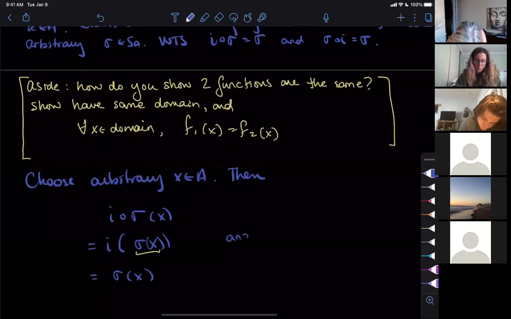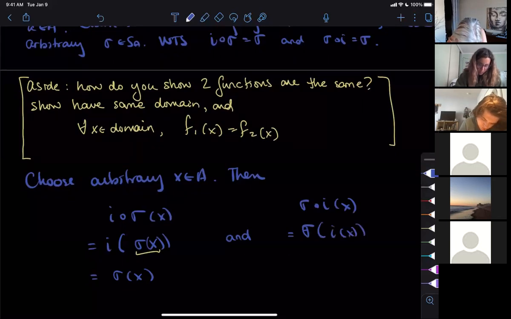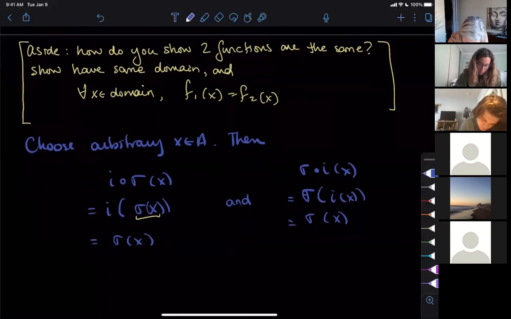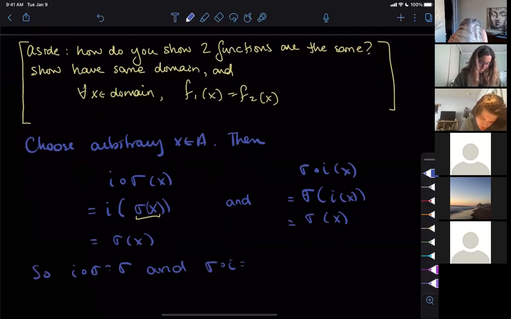Also, the other way, sigma of I of x, that's sigma applied to I of x. And I of x doesn't do anything. It just takes x and sends it to x. Okay, so both of these functions are the same. So I follows sigma equals sigma, and sigma follows I is also sigma.